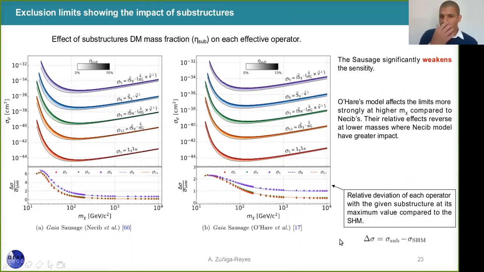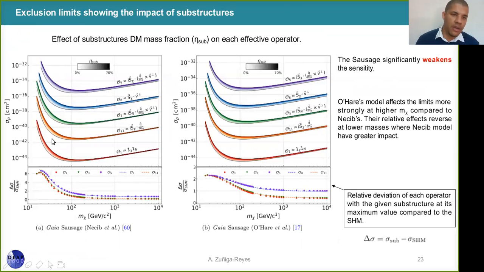Now I want to present a different exclusion curve, but showing the impact of the substructure, and specifically how the limit changes if we modify the dark matter fraction in the substructure. The plots are the cross section versus mass for the different interactions that I mentioned before.